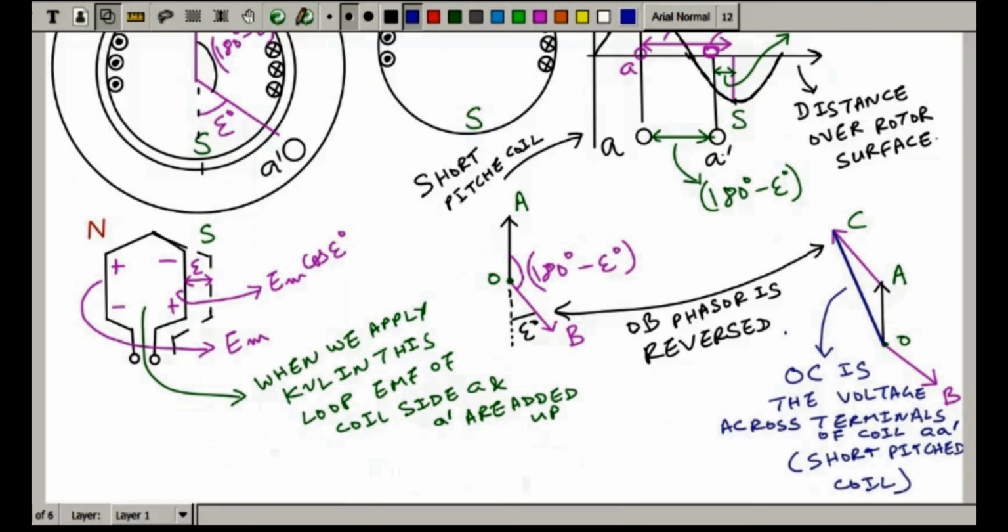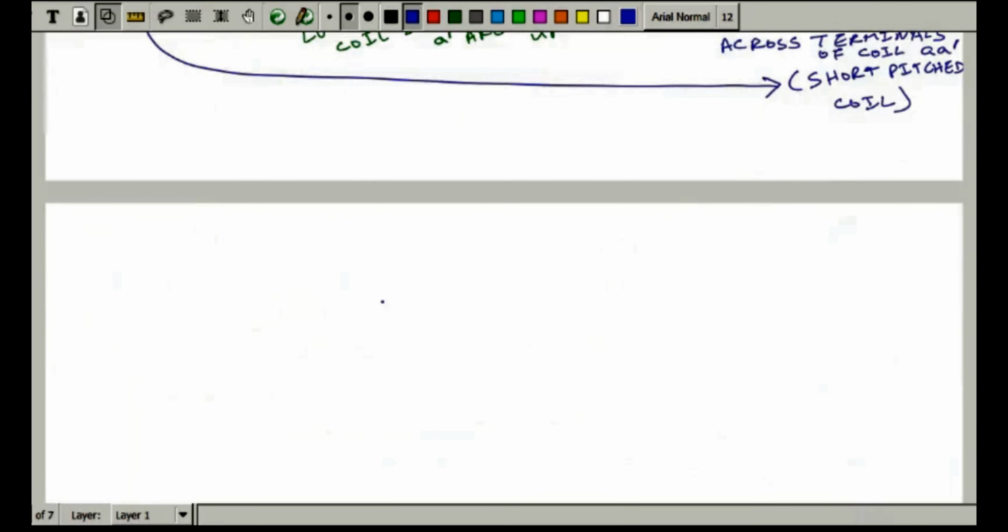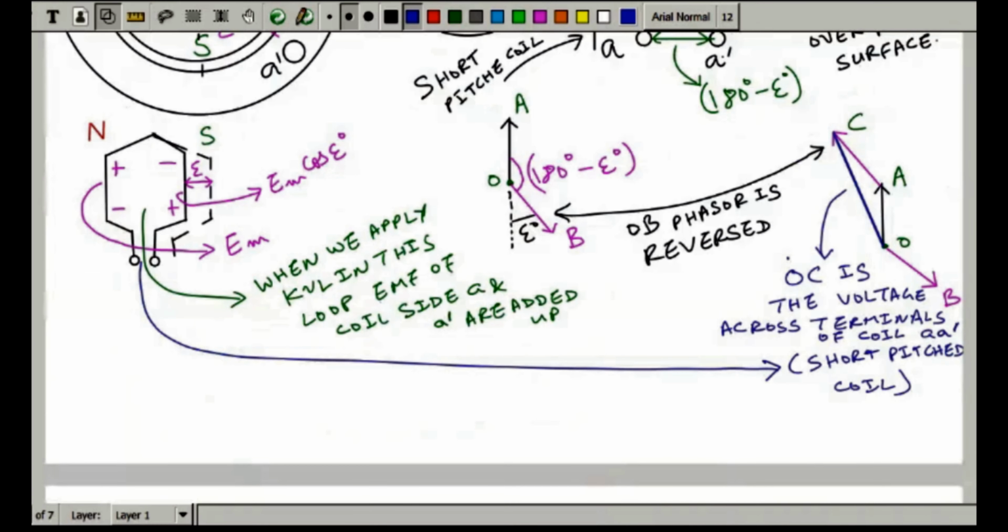So now, how to find the expression? Let's say that OC is the voltage across this coil. So we will again draw this in that way. Let me try to copy this.